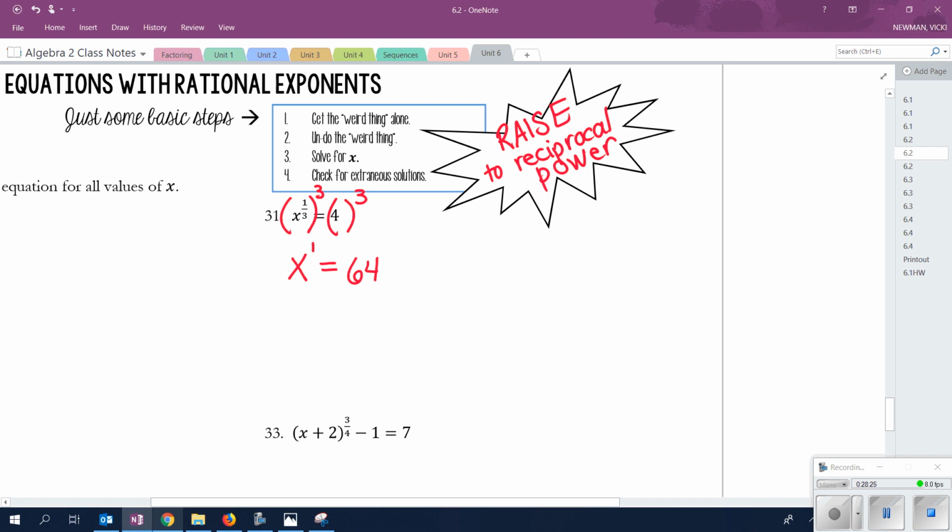You're supposed to check these. Really, it's any that have a denominator of 2 that you have to check, because they're square root equations and you have to check square root equations. But the likelihood of you remembering that is low, so I say check all of them. Yeah? Okay. Check.